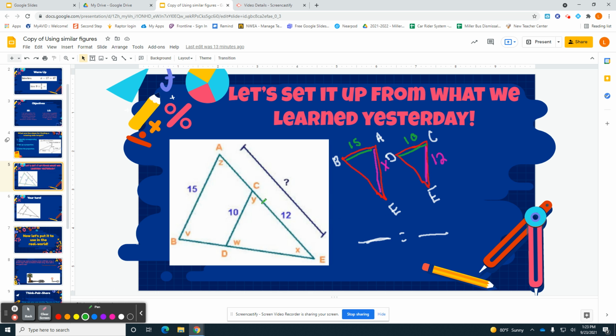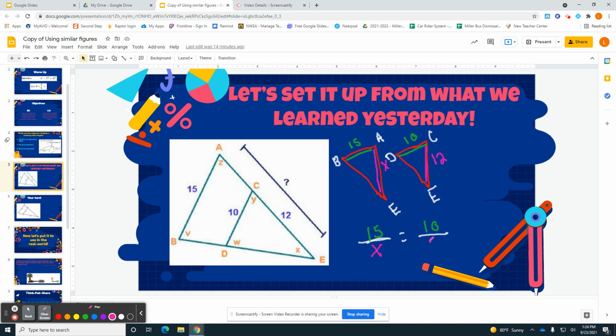And I'm using adjacent lengths. So AB I know is 15, and the side adjacent to it is AE, which I do not know how long that measurement is, so I'm using X. Then for my smaller shape, I have CD, which is 10, and that's the one that corresponds with 15, so it's going to go on top just like 15.